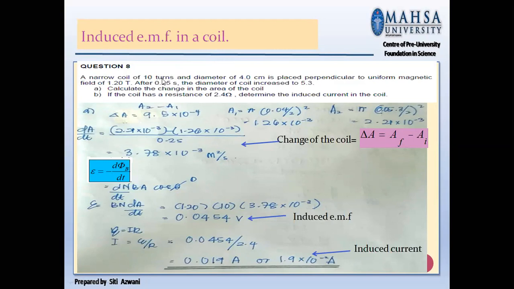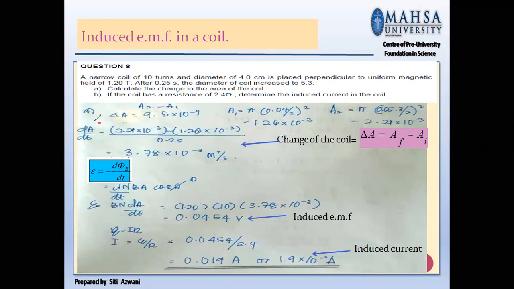Now you have a narrow coil of 10 turns, and the diameter of your coil changes from 4 cm and increases to 5.3 cm. So when you have a change in the diameter of your coil, it means you have a change in the area of your coil. If you refer to this solution, let's see the solution here.